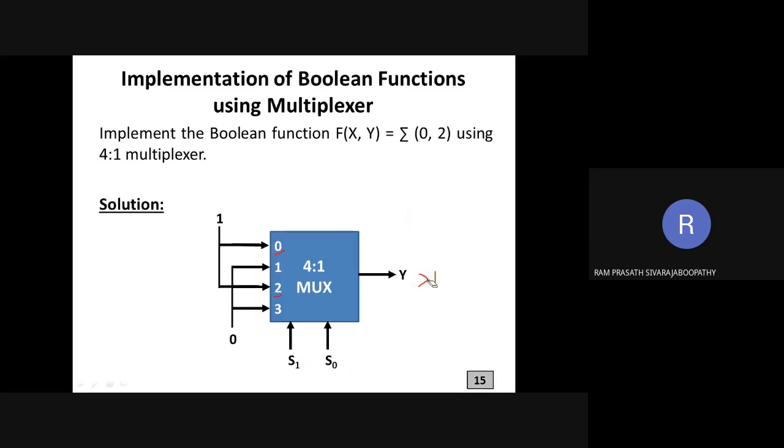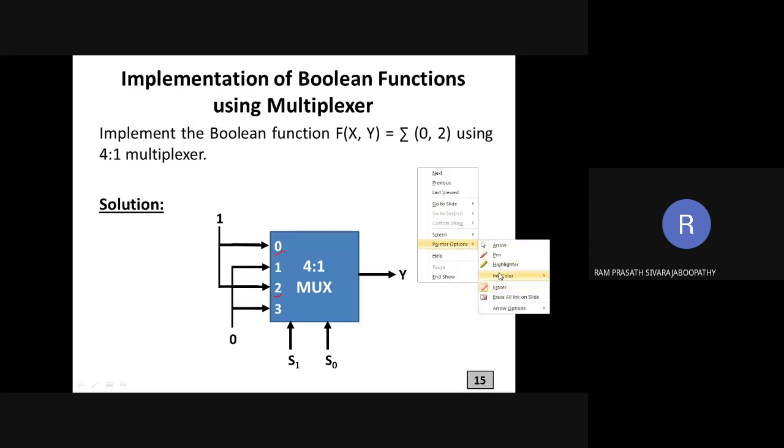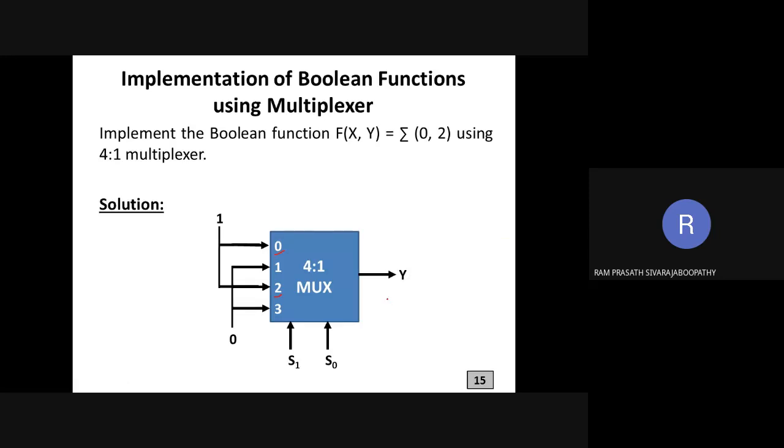So next condition is, you consider some other condition. For 2, okay, 2 means what? S1 is equal to 1, S0 equal to 0. So for 1 0 combination, this output will come as the output. So here also we are having 1. So we will be having the output as 1.